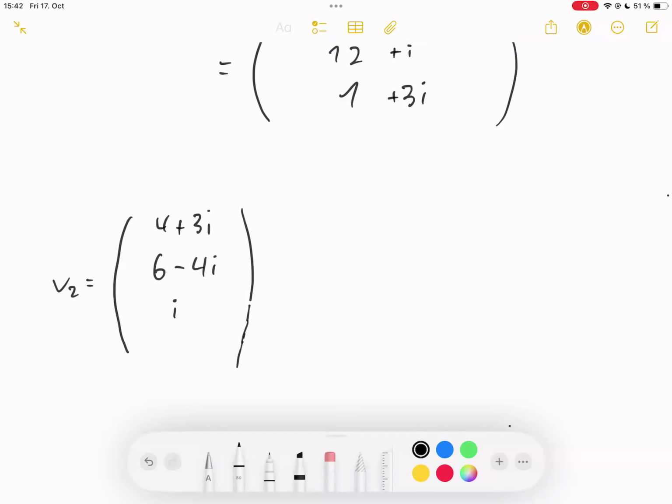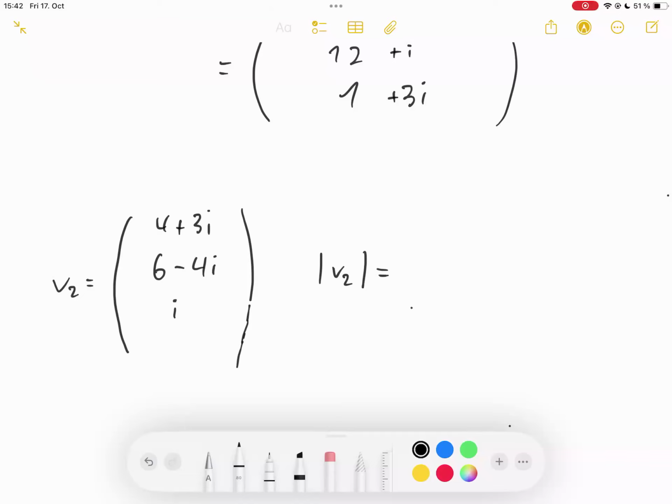So this vector has 3 entries, which are complex, and I want to know what's the length of this vector or the norm of the vectors. Also a term used, norm or length.